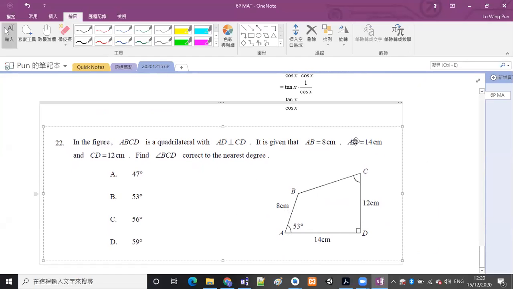It is given that AB is 8 cm, AD is 14 cm, CD is 12 cm. Find angle BCD correct to the nearest degree.